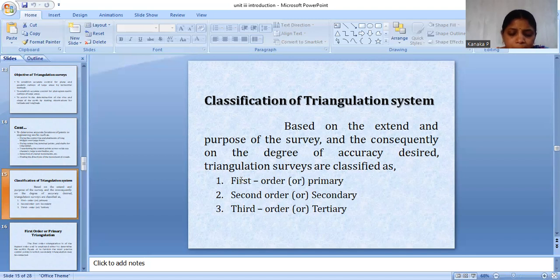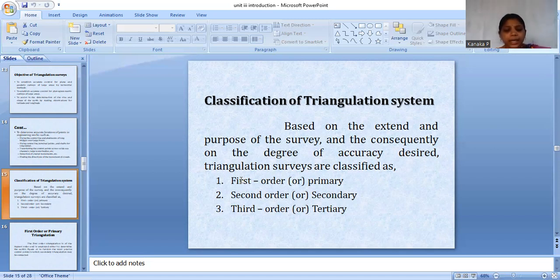The probable error of computed distance is 1 in 60,000 to 1 in 2,50,000. The probable error in astronomical azimuth is 0.5 seconds. So these are the general specifications for primary triangulation, mostly followed in practice.